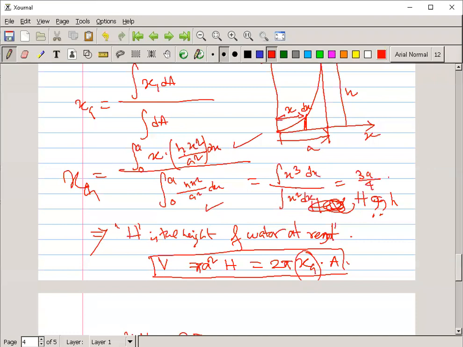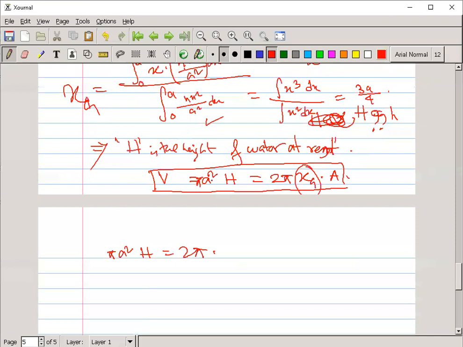I think you can easily find it from this equation. So we can write 3a by 4 into area. The area for the parabola is a into h by 3. This is the area under the curve for a parabola.